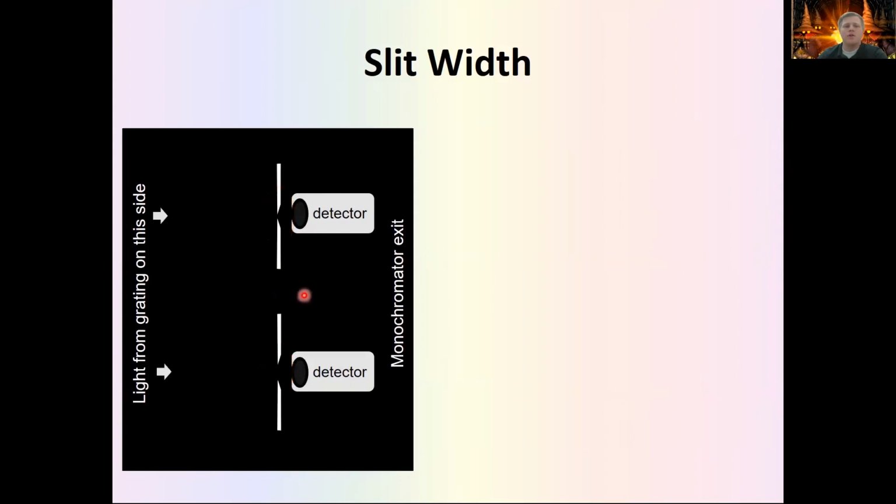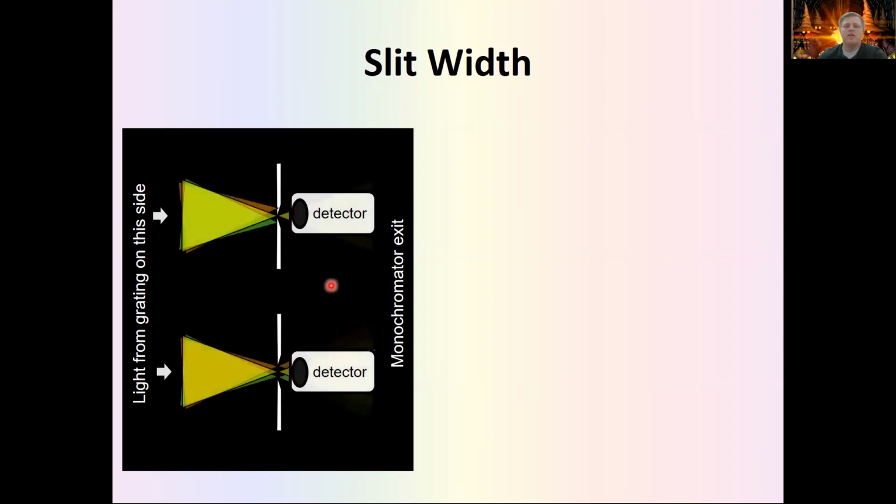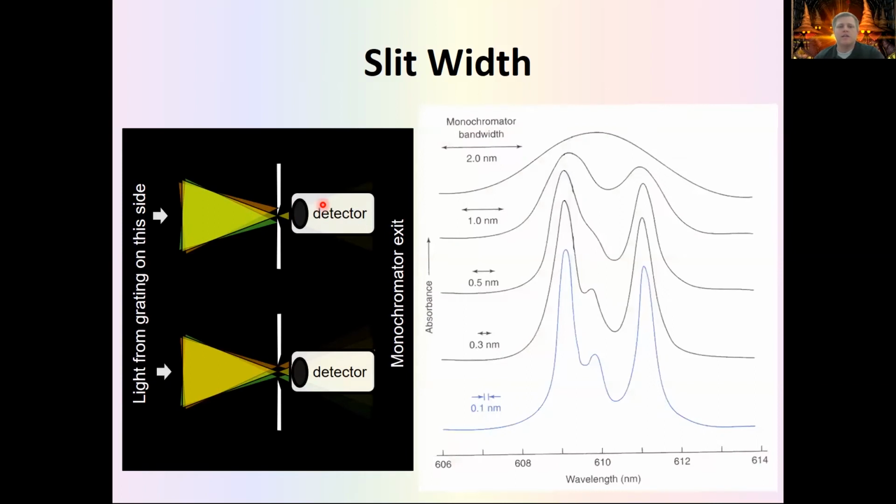Okay, so if you shine through different wavelengths of light that are really close to each other, so here we've got orange, yellow, and green coming in. If you have a really narrow slit width, you can really finely choose which wavelength of light you're letting through. If you have a broader slit width, then you're going to be letting more wavelengths of light through at the same time.